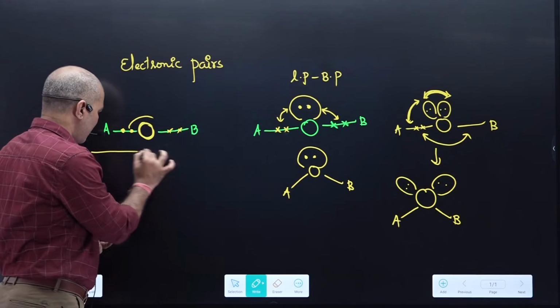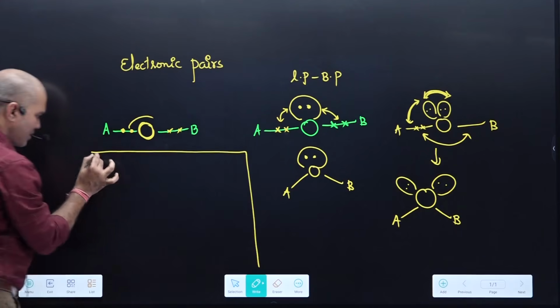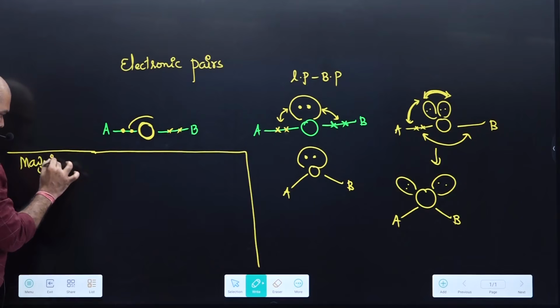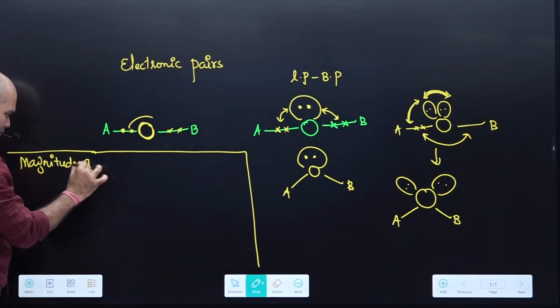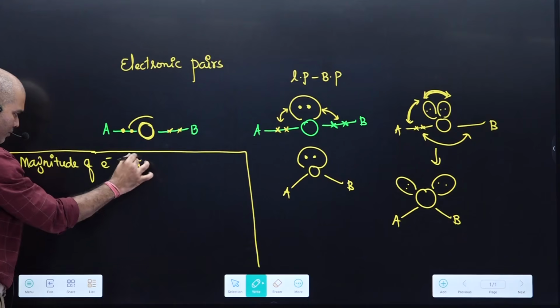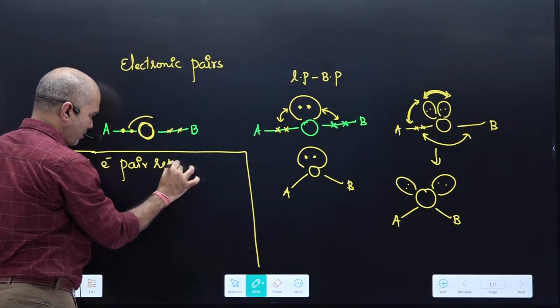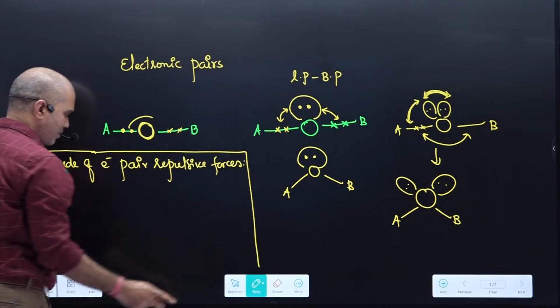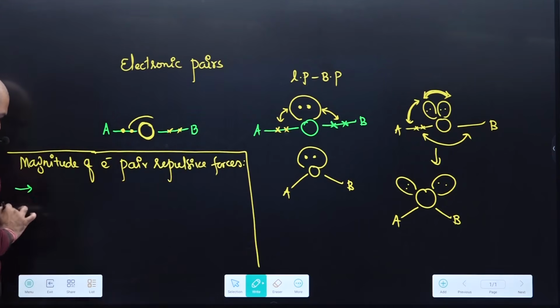Based on this, we have a sequence of repulsive forces, the magnitude of electron pair repulsive forces. What is the sequence?